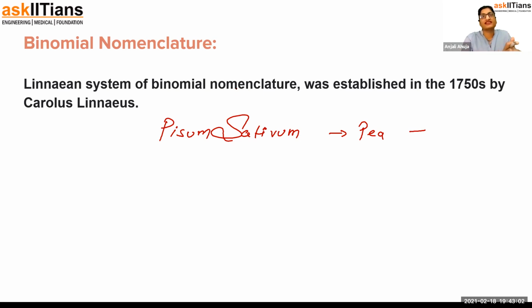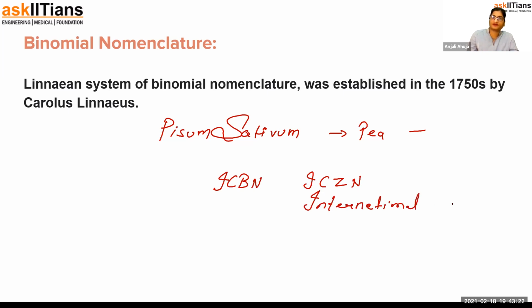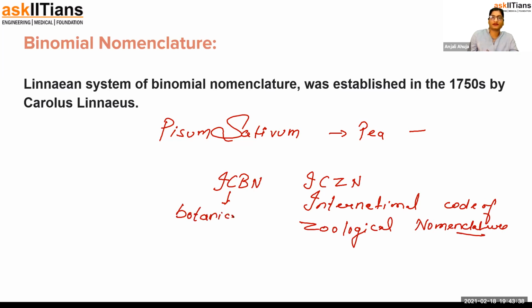So yeah, it was a great discussion. How to write a scientific name? There are organizations that actually fix it: one is ICBN and one is ICZN. Please remember the full forms. ICZN is the International Code of Zoological Nomenclature, and ICBN is the International Code for Botanical Nomenclature.